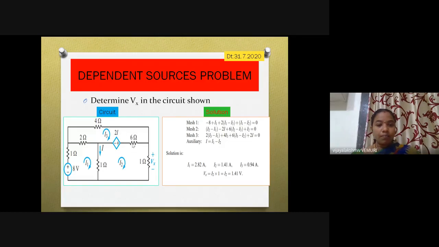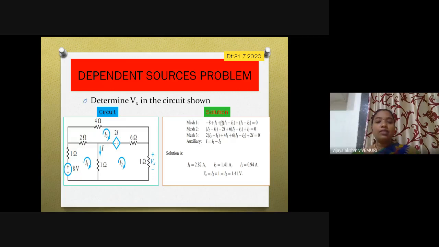If you go on like this, plus 2I, because I am entering in this direction, as I3 current is flowing this way. So in this equation you have plus 2I. Next, go like this, plus, minus. So plus 2 into (I3 minus I1), because this 2 ohms resistor is in between two meshes, is equal to 0.